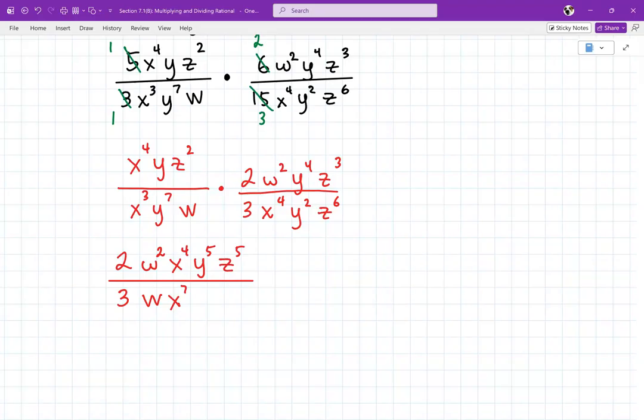Now, Y's. I have Y to the seventh on the bottom left, Y squared on the bottom right. That's Y to the ninth. And then Z's, I only have Z to the sixth on the bottom right, so that's it, Z to the sixth.